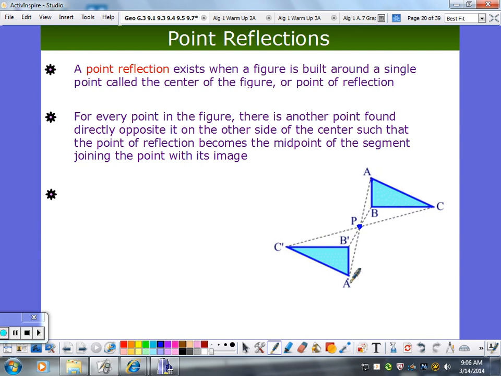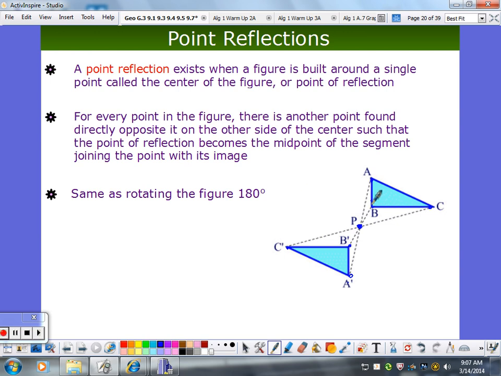So A has an opposite, A prime, such that the point of reflection becomes the midpoint of the segment joining the point to its image. So if you were to draw a line here, it's like the distance here has to match the distance here. So here's C, the distance to your point of reflection, keep going that same distance, you get the other point. The distance here, keep going that same distance, you get your point of reflection.